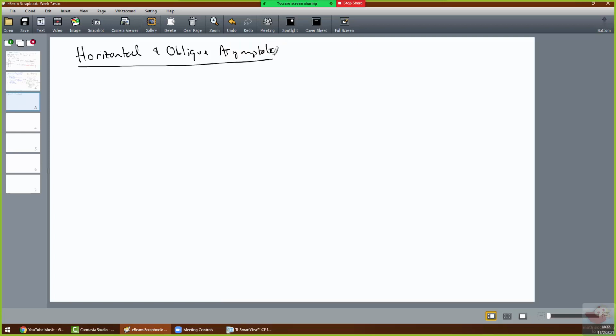Oblique asymptotes are the ones you have to do like the side crunches for that nobody likes to do. There are 4 cases here, and we're actually going to do it all by example.